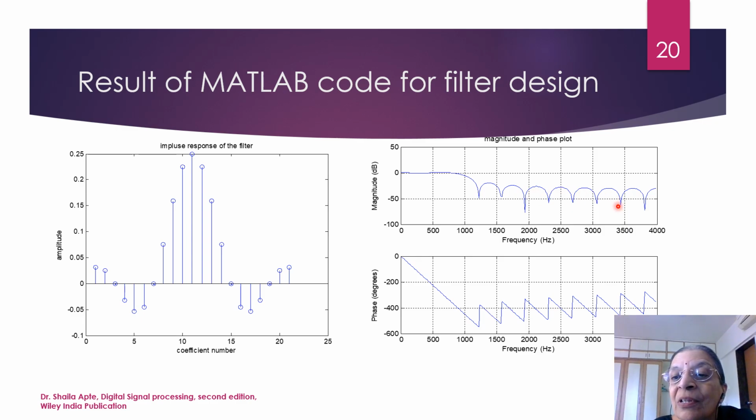These oscillations are due to what we call spectral leakage. You see that the attenuation is about minus 25 dB. And you see that the phase remains linear in the pass band, and in the stop band, of course, it is not linear, it is oscillating. So in the pass band it will be linear. This is called a linear phase response.